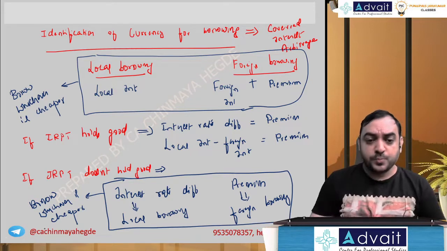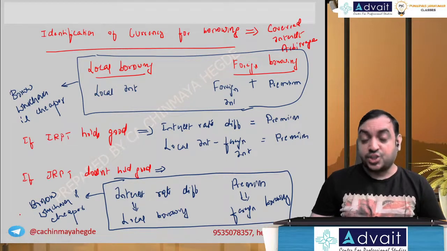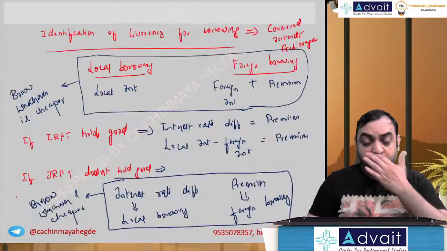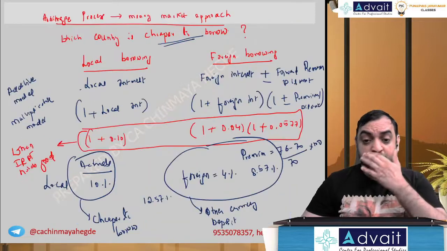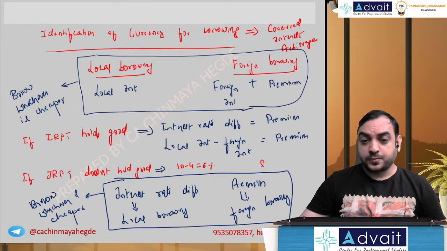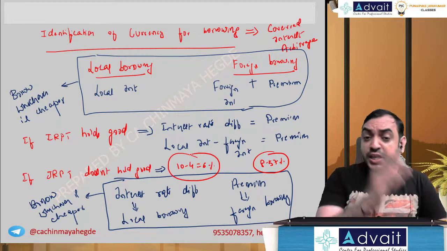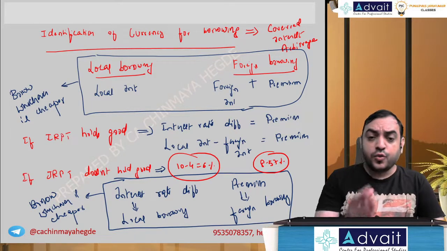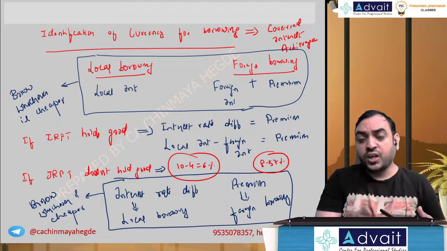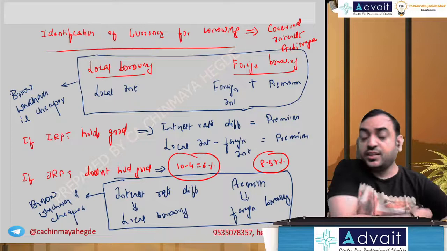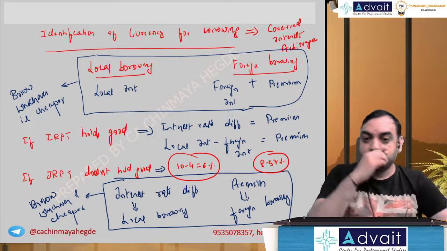Like in this example, what is the interest rate differential? 10 minus 4, 6%. What is the premium percentage? 8.57. Which is the lower number between 6 and 8.57? 6% is lower. So the interest differential is lower. It's better to borrow in local currency and invest in foreign currency.